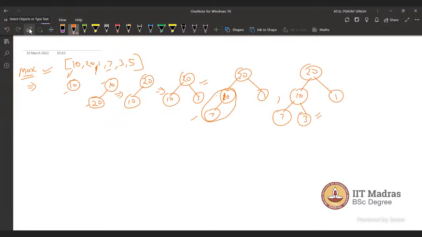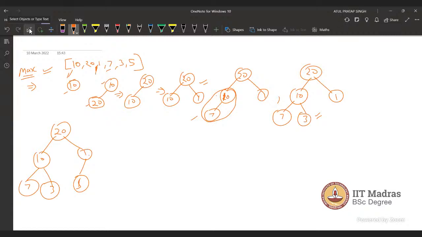Now we add the value 5. So 5 will be added with 20, 10, 1, 7, 3, as a child of 1. Now who is the parent of 5? It is 1, and we check who is the maximum of this part.